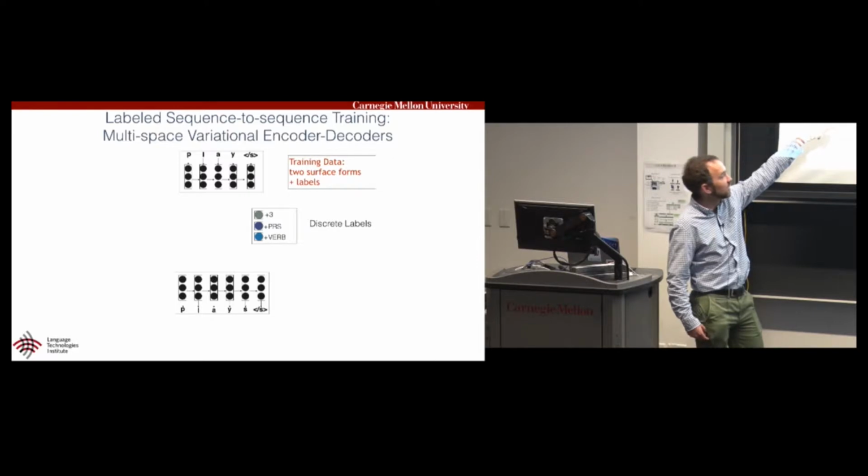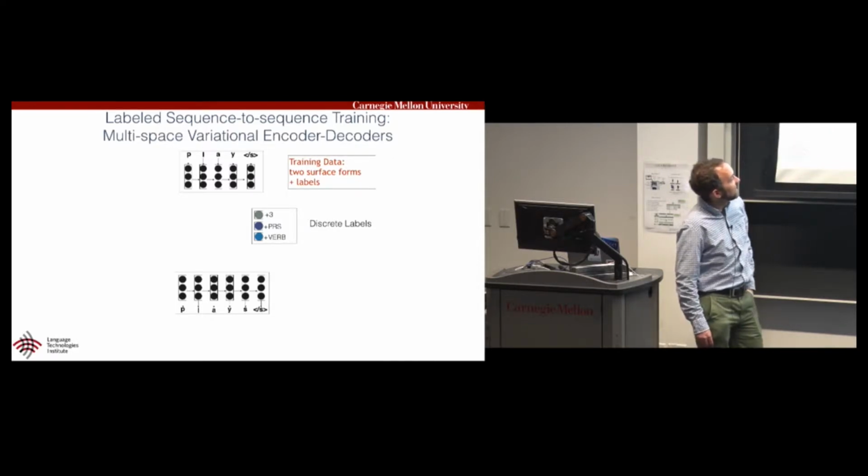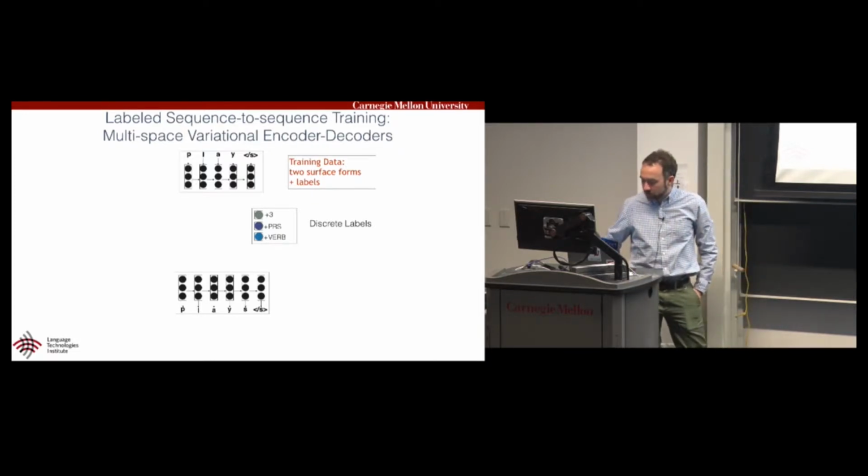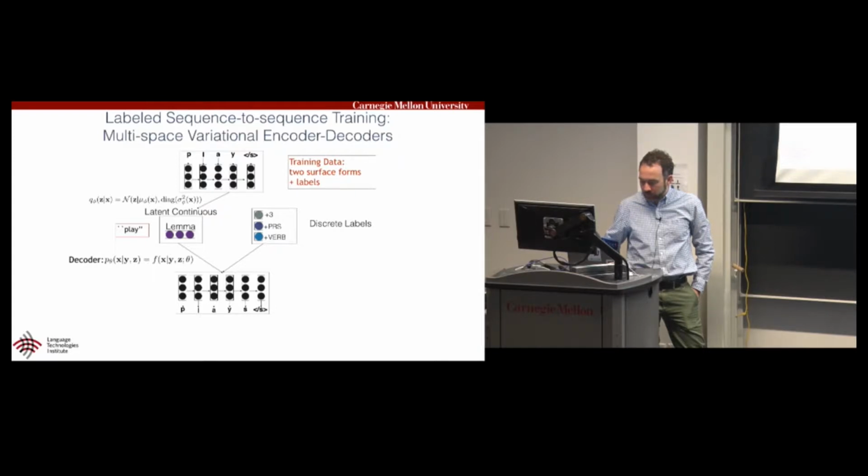They have the same lemma. We would like to transform from play into plays, and we know the labels of the output. So what we do in this case is we predict the latent continuous variable, and then in the decoder, we predict the output.